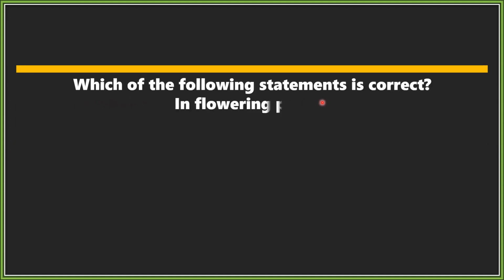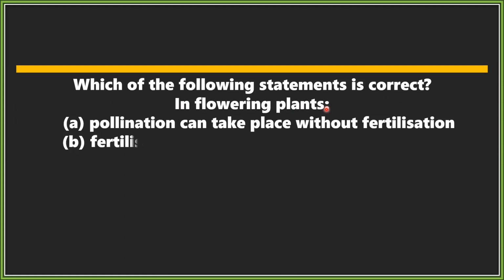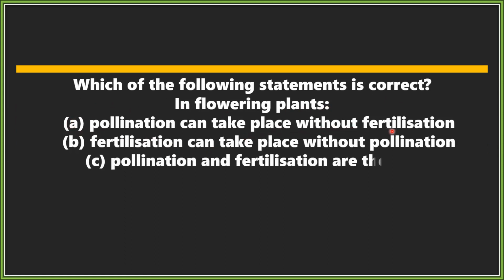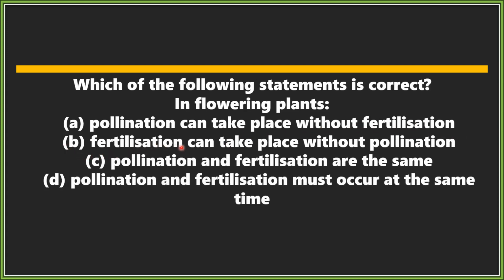Which of the following statements is correct in flowering plants? A. Pollination can take place without fertilization. B. Fertilization can take place without pollination. C. Pollination and fertilization are the same.